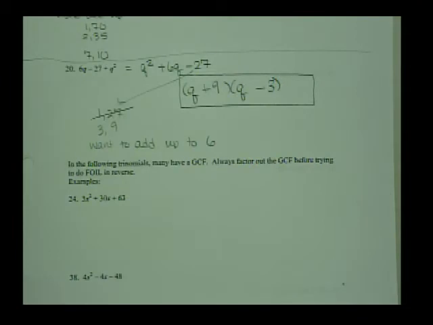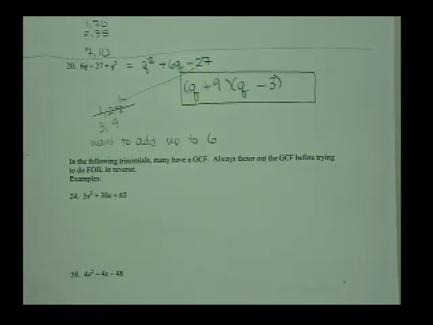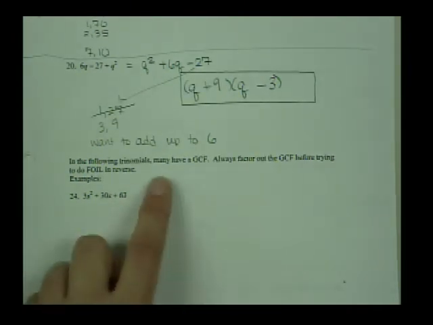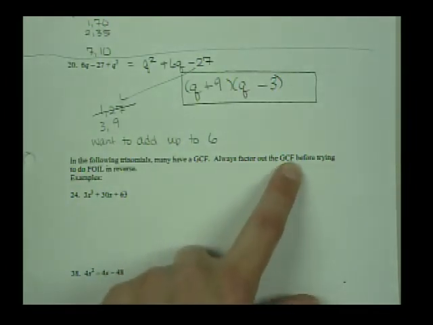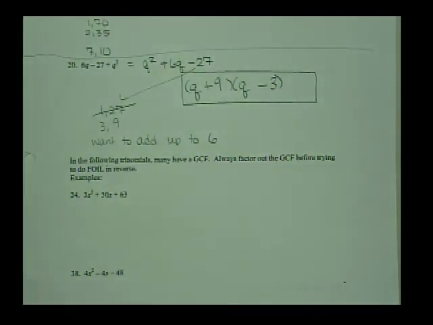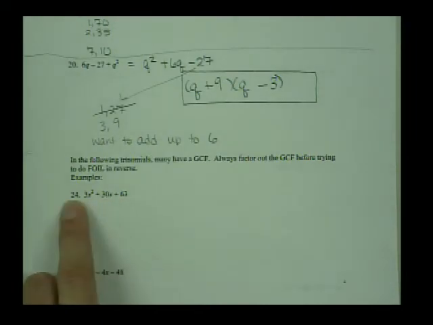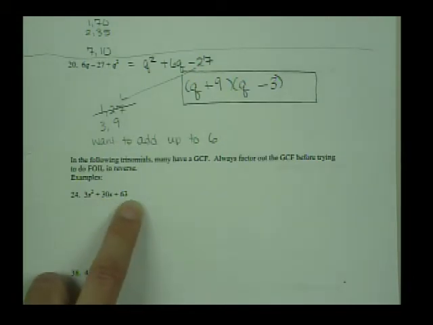And so the next few problems are the same idea, except we see numbers in front of x squared, which I said we wouldn't have to deal with in this section. But it says the problems usually have a GCF. So it says factor out the GCF before trying to do the FOIL in reverse. So remember, the GCF can't be bigger than any of the numbers in the list. So the thing to try is 3. Does 3 go into everything? Yeah.